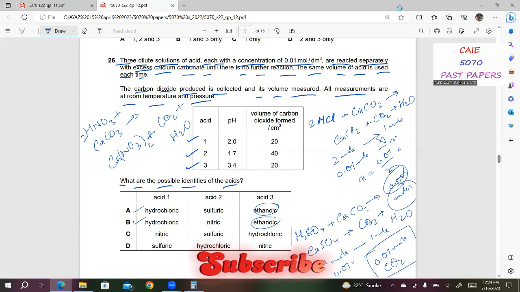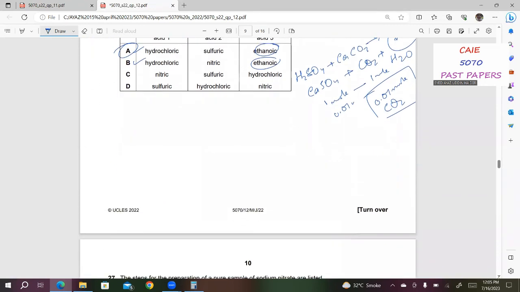If you look at this, 2 moles produces 1 mole of carbon dioxide, just like hydrochloric acid. So it means the amount of carbon dioxide produced will be 0.005 moles, which is same as in acid 1, that is hydrochloric acid. So we must have acid 1 as hydrochloric acid, acid 2 as sulfuric acid, and acid 3 is ethanoic acid. This is the right choice for this question.